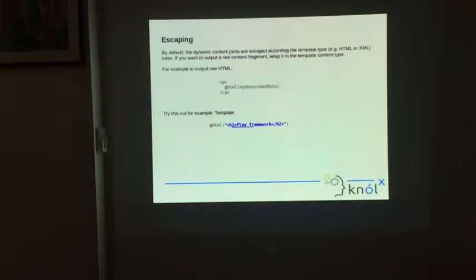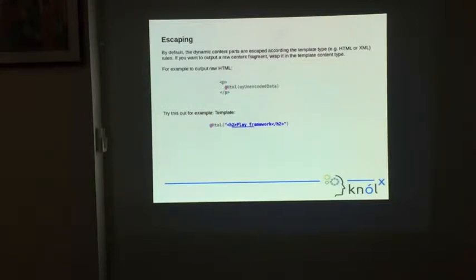The dynamic content parts are scaled according to the template type, like HTML or XML. If you want to output a raw content fragment, type in the template content type, then you include the HTML function and pass any string which is not in HTML format.